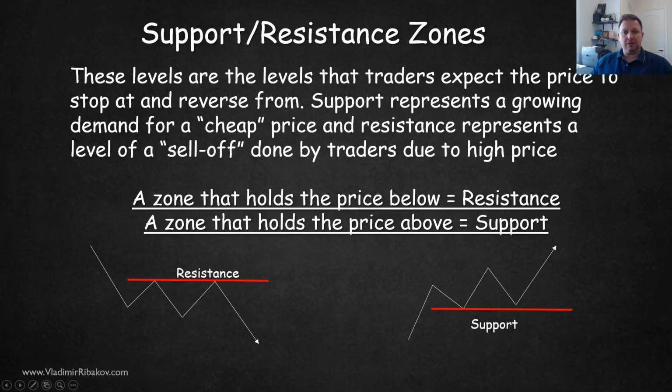So before we start, a little bit of the fundamentals about the so-called support and resistances. These levels are the levels that traders expect the price to stop at and reverse from. Support represents a growing demand for a cheap price. Think about it logically.